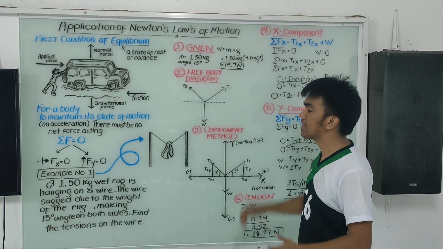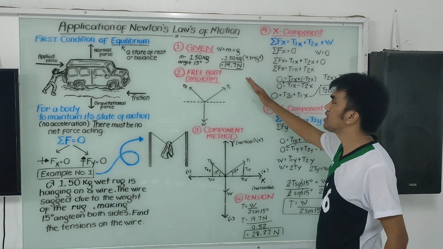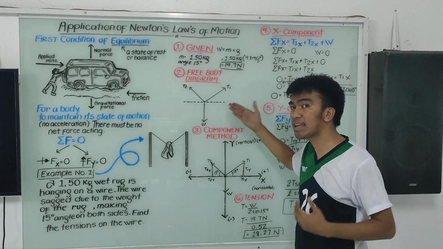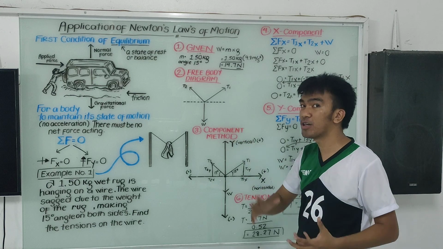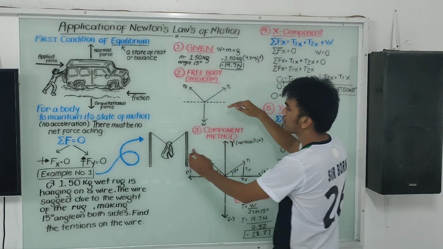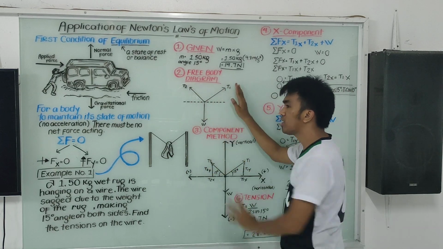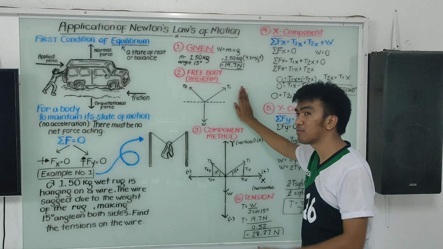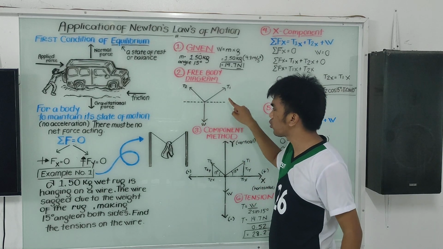So after identifying the given and solving for the weight, we need to illustrate the free body diagram. This diagram shows the forces acting on the object. Here we illustrated the free body diagram. We label the right side as tension 1 and the left side as tension 2.